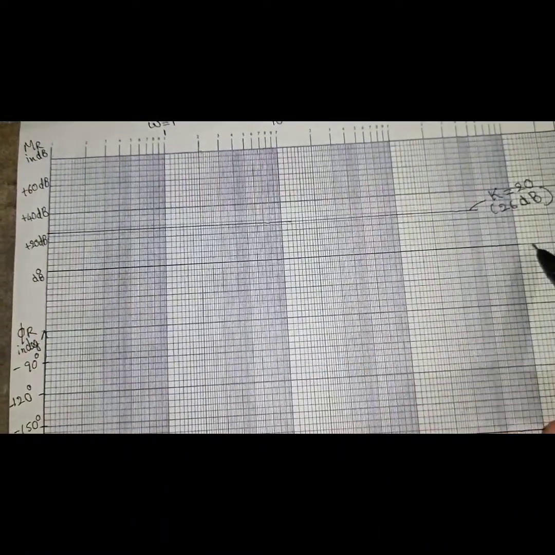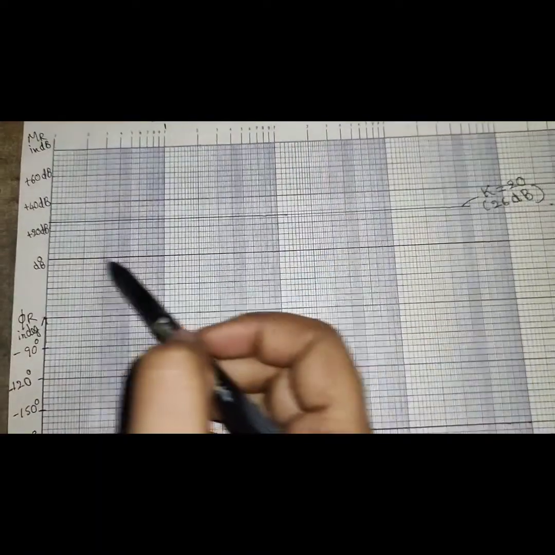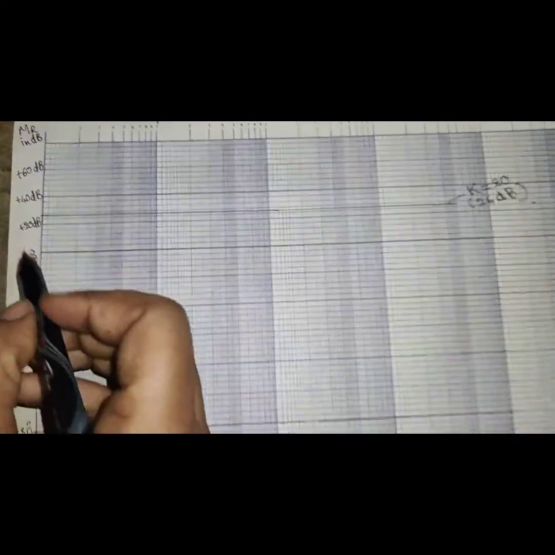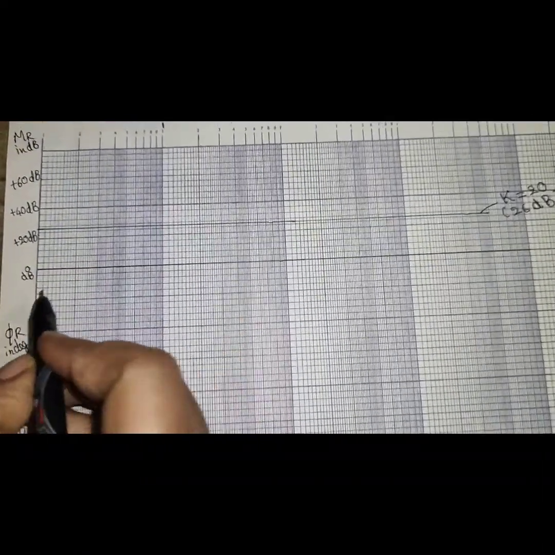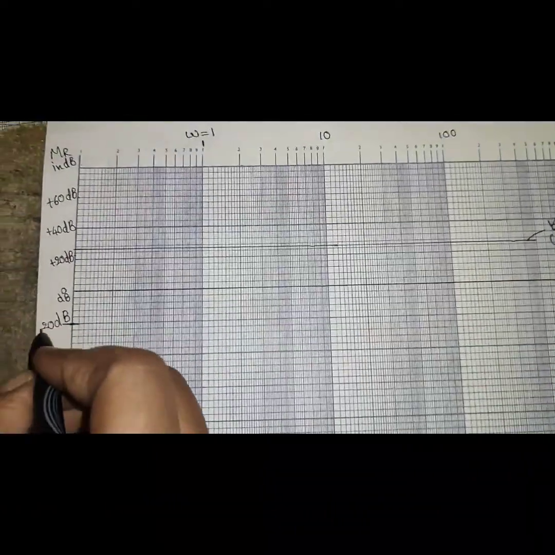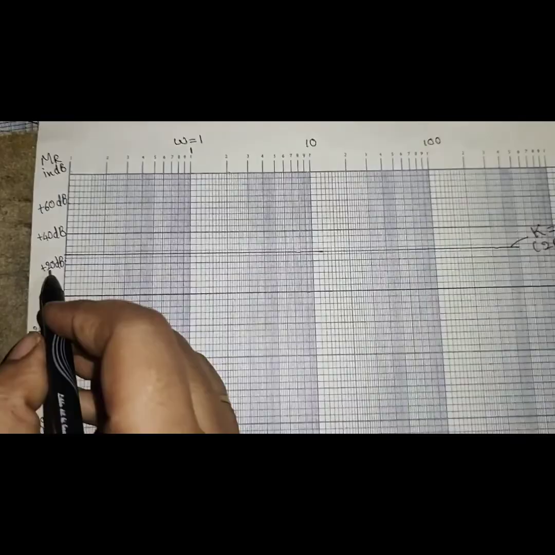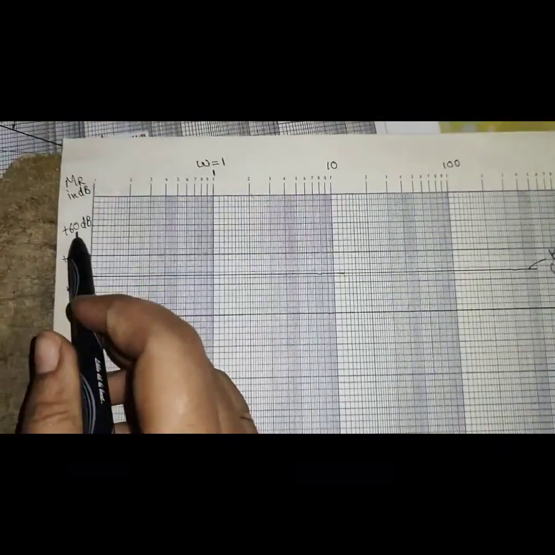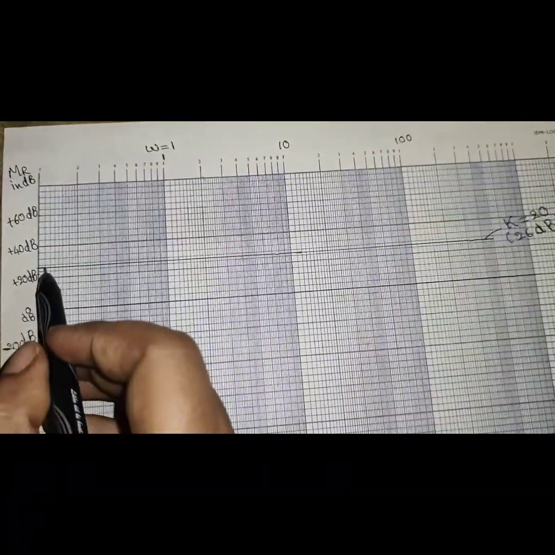Similarly for magnitude also, you need to start with a 0 dB line. This is the 0 dB line, dark we need to mark, and below you need to mark. Here this line is minus 20 decibels. This is plus 20 decibels, and 40, 60 like that. Now I have marked the K value.